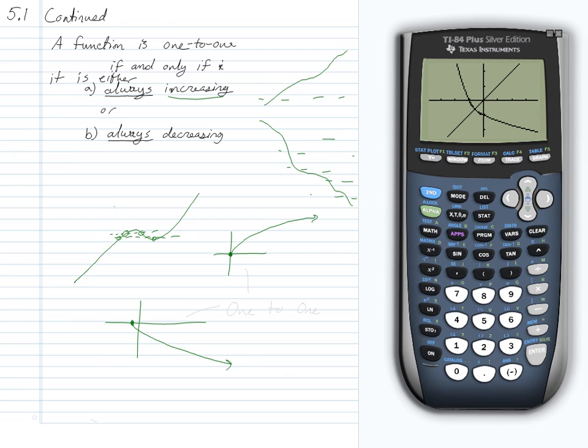As we read from left to right, it's getting smaller, and both of these are one-to-one. So that's another sort of version of the horizontal line test that I kind of like. It saves a little bit of time when you know that the function you're dealing with, for instance, a square root function, a cube root function, a cubic function, something like that, is always exhibiting one or the other of these behaviors. It's always increasing or always decreasing. Then we can conclude very quickly that our functions are one-to-one.